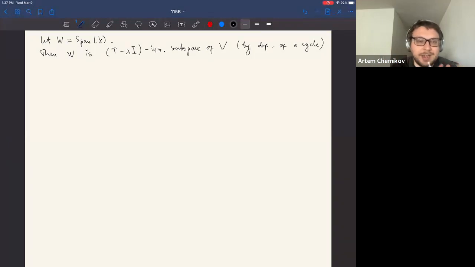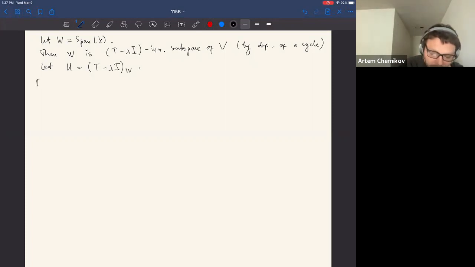The cycle is a basis of W. So applying T minus lambda I to any vector in this basis for W gives us a vector which is still in the span of gamma. So it follows that W is T minus lambda I invariant. Now let us take U to be the linear operator T minus lambda I restricted to this subspace W, which makes sense because it is an invariant subspace.